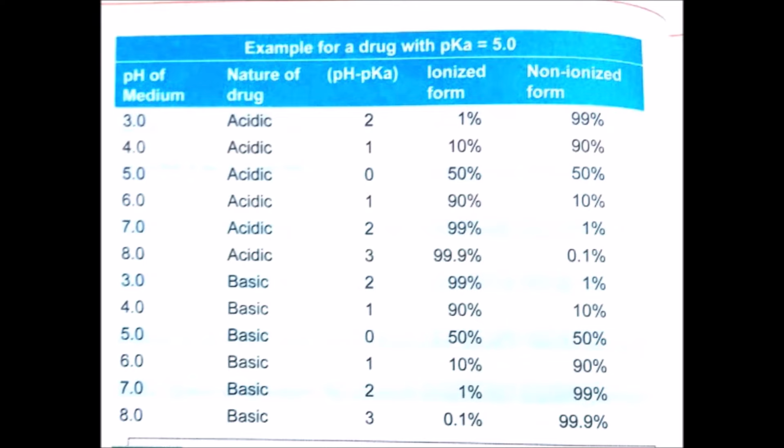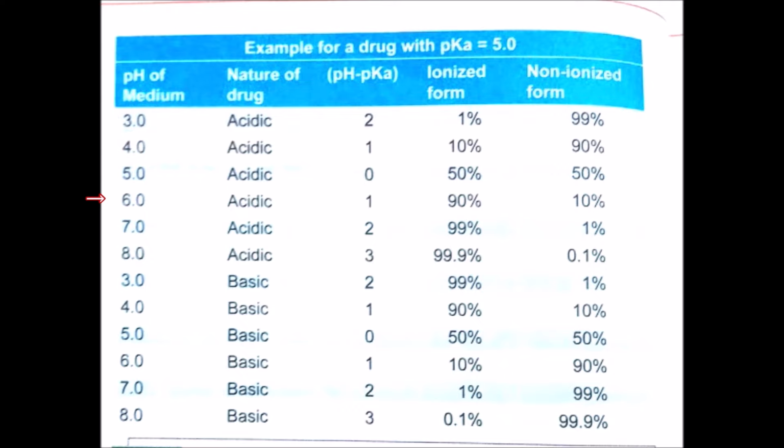ionization. For example, if the pKa of an acidic drug is 5, then at pH 5, 50% of the drug will be ionized and 50% of the drug will be unionized. Now talking about the one scale change in pH. Suppose that pH becomes 6, that is more basic than pH 5.